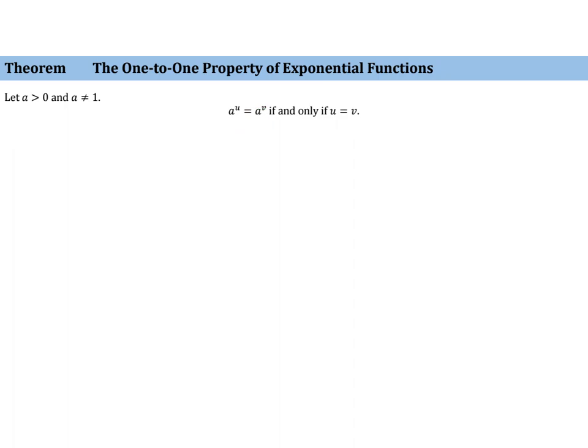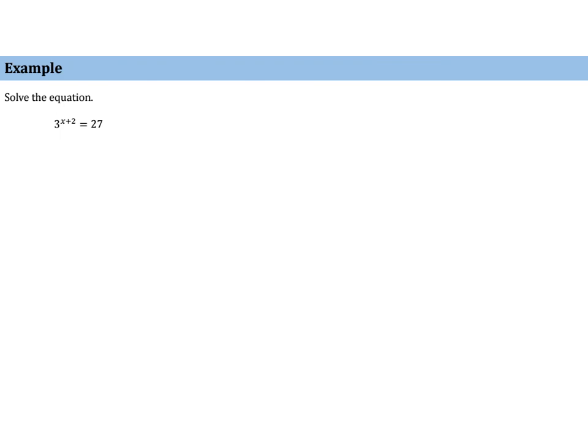Let's apply that property. So 3 raised to the x plus 2 equals 27. We can rewrite 27 easily as a power of 3. 27 is 3 cubed. So 3 to the x plus 2 is the same thing as 3 cubed.